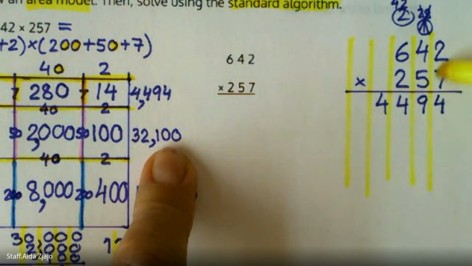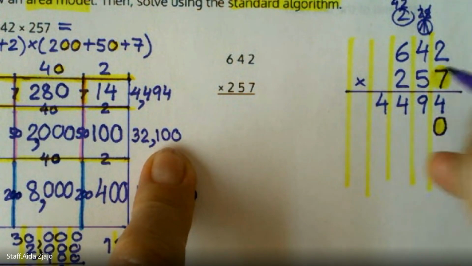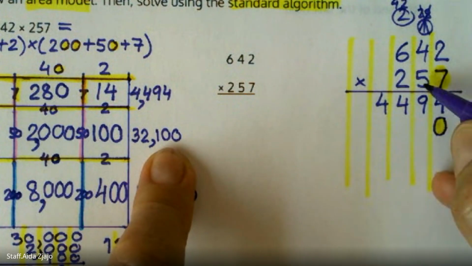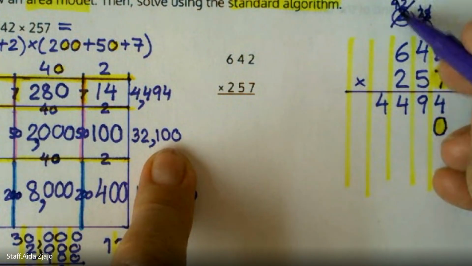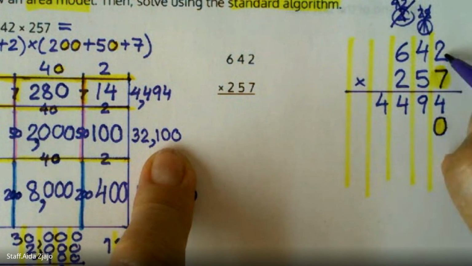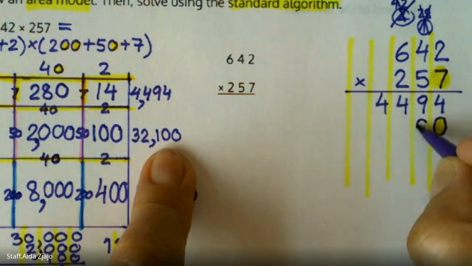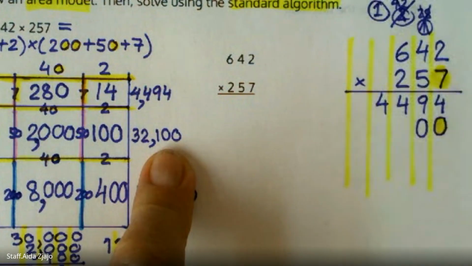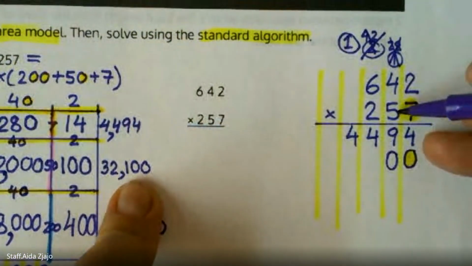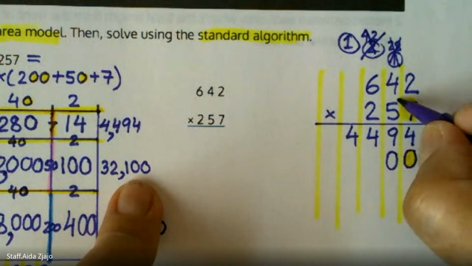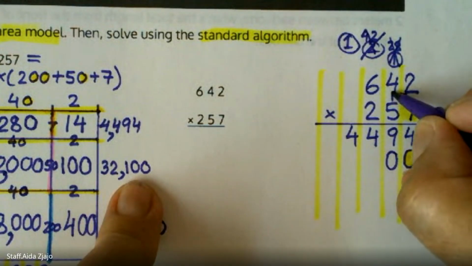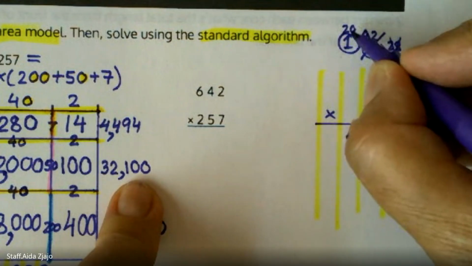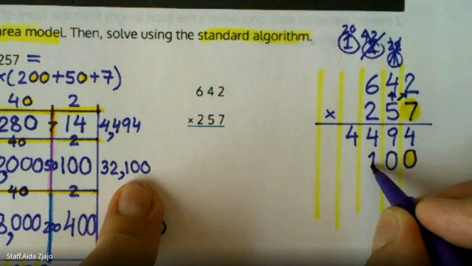I'm done with 7, so I'm going to put the 0 right there because I'm finished with the ones. Now I'm moving to tens. 5 times 2 is 10. 0, I remember 1. Circle it. Now 5 times 4 is 20, plus 1 is 21.